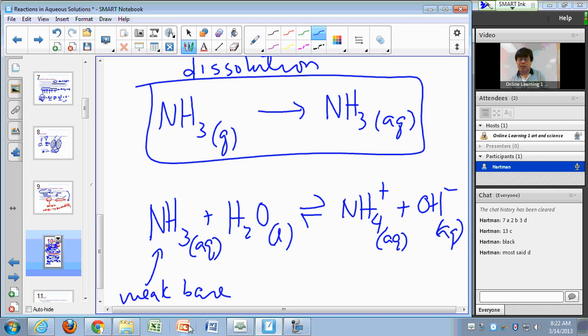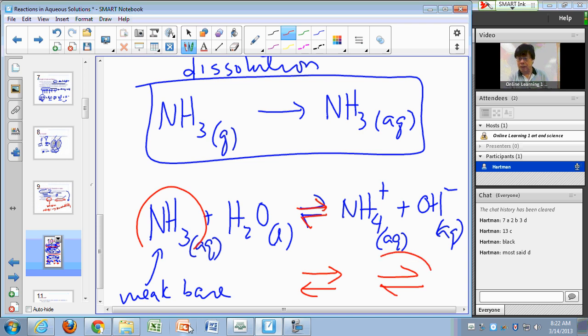At any given instant, most of your molecules are actually going to be in this form. So that's why we draw a double-headed arrow right here. By the way, you can draw your two arrows like this, or like that. This is the most common way you see it in textbooks.